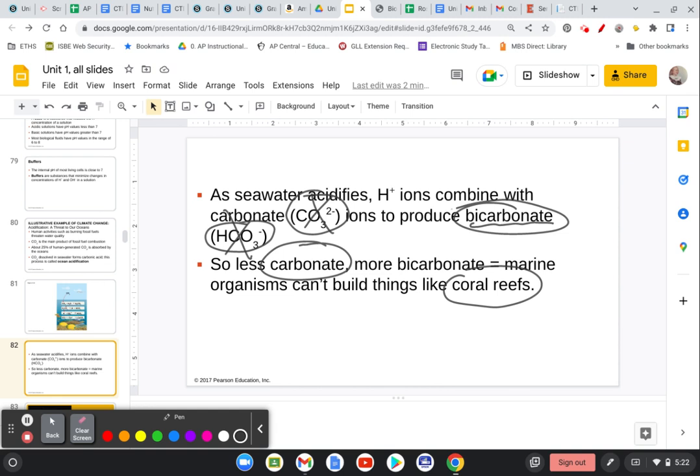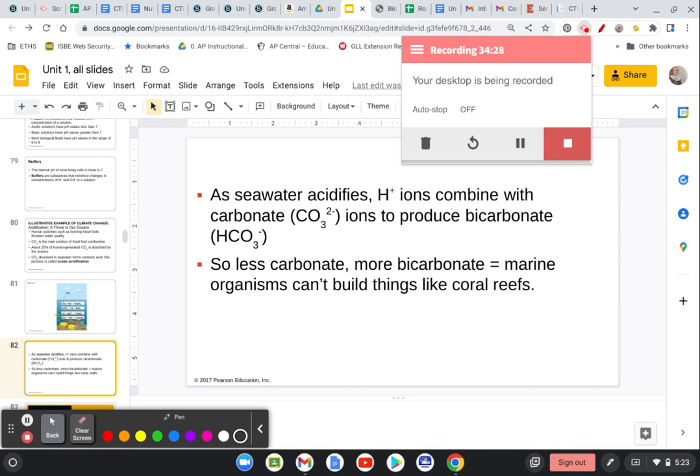And that bicarbonate is not something the coral reefs can use. So coral reefs over time will die off because they can't produce more of themselves because the carbonate is not there. Right? So that's a good illustrative example of global climate change and as it relates to acidification.